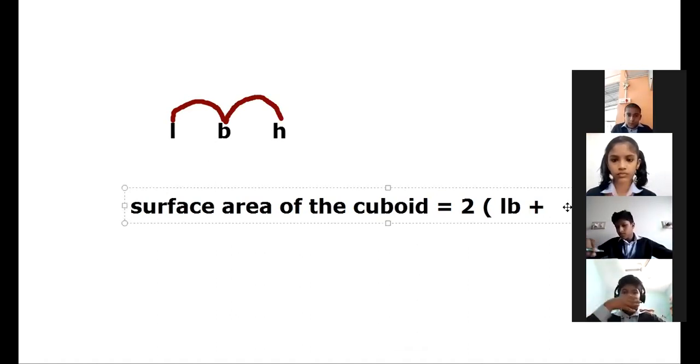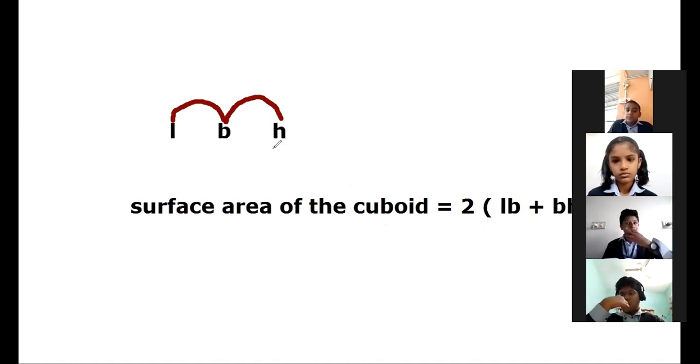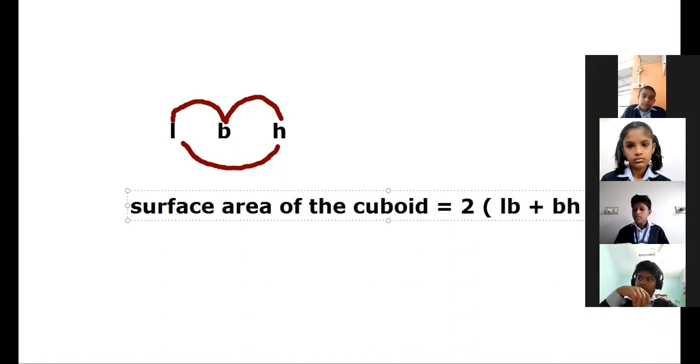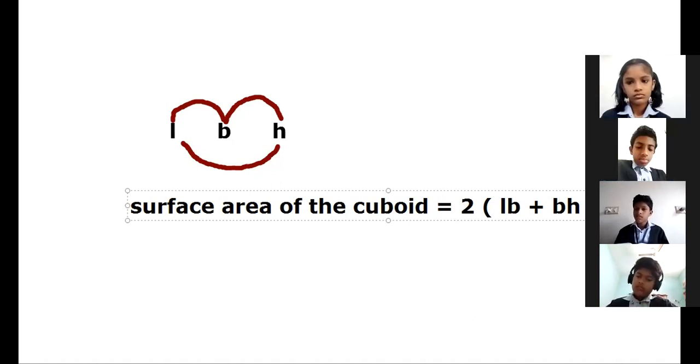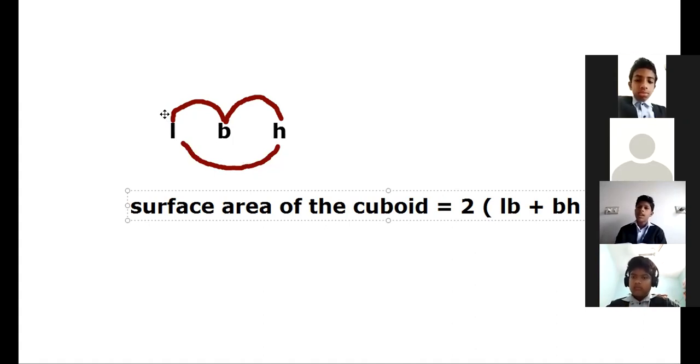Then it will become BH, and plus finally, multiply H and L. It will give you HL. Clear? This is the equation to find the surface area of a cuboid. 2 into LB plus BH plus HL. Clear?